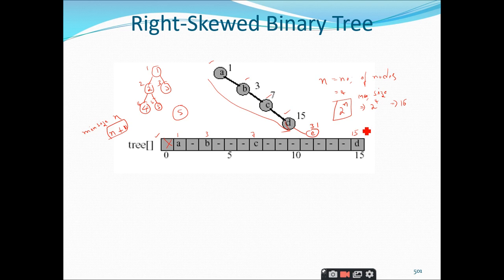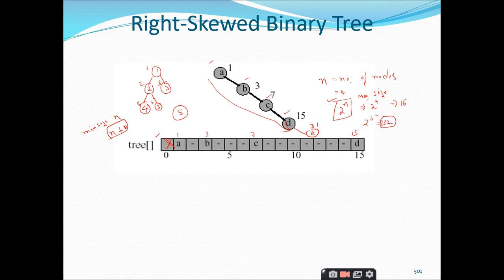Super, this is 31, right? Is it satisfying or not? 2 power n means 2 power 5, that is 32. Therefore the array size should have a maximum of 32 locations. Anyhow we are not going to consider this. Is it clear up to this point?